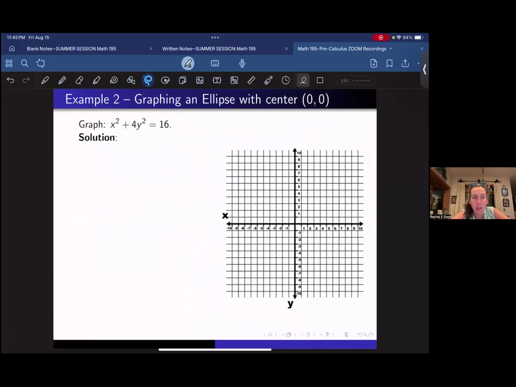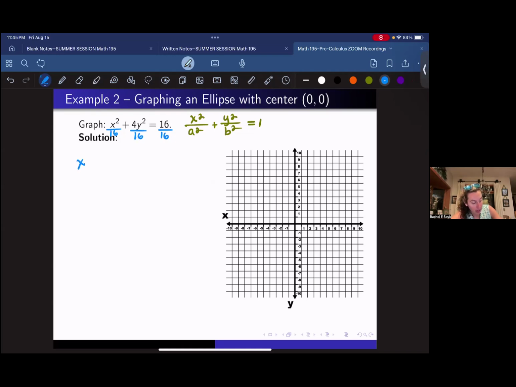Great. And so now we're asked to graph x squared plus 4y squared equals 16. And you want to remember our standard form, x squared over a squared plus y squared over b squared equals 1. We want to get it into that format, meaning we should divide everything by 16.